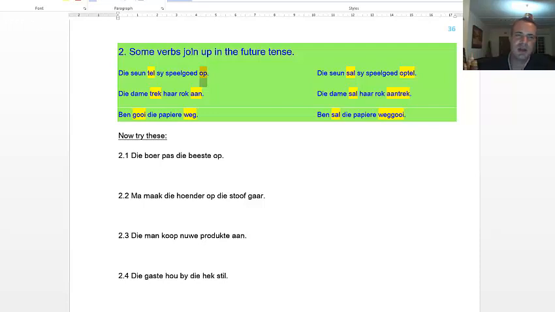Just like with the first rule, there's your first verb. Die seun tel sy speelgoed op. The boy picks up his toys. That moves to the end of the sentence.